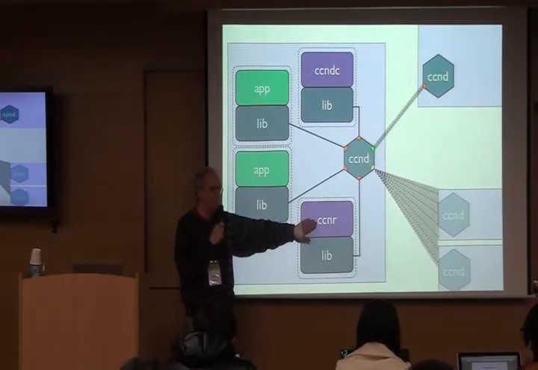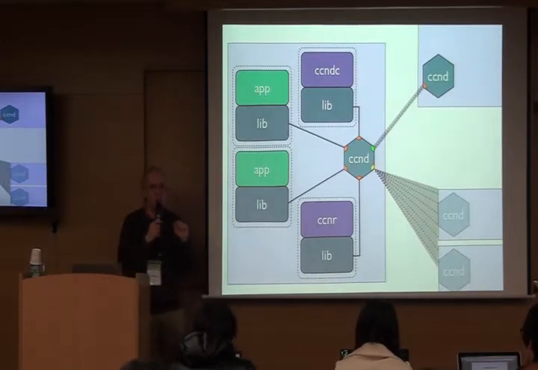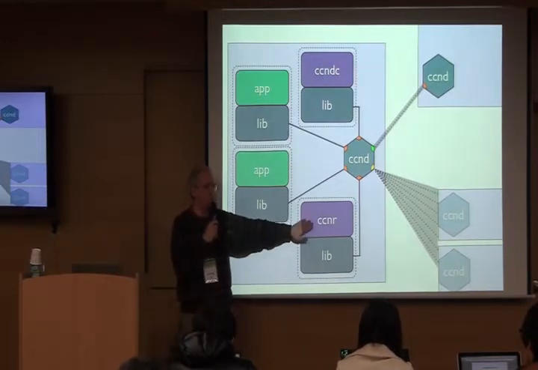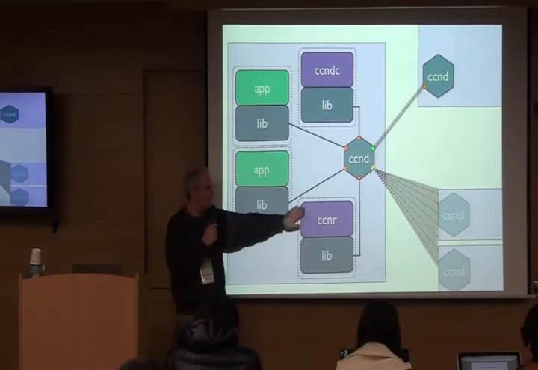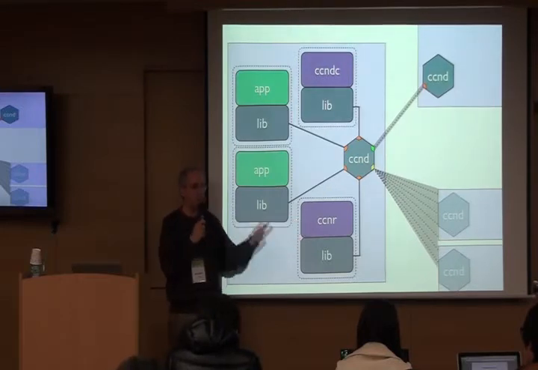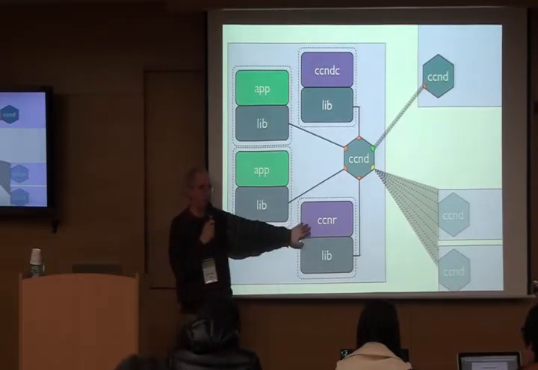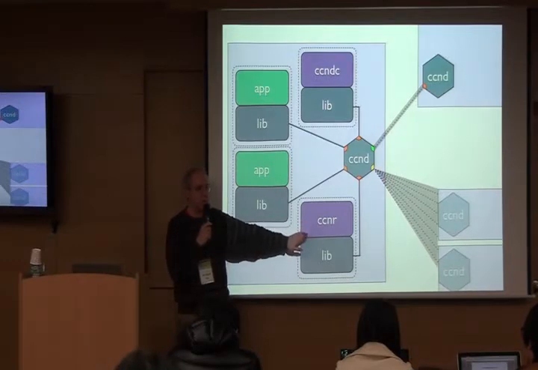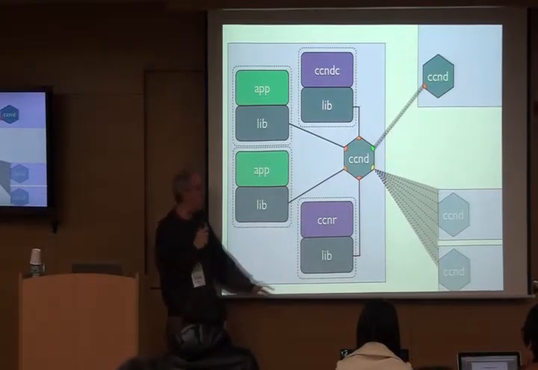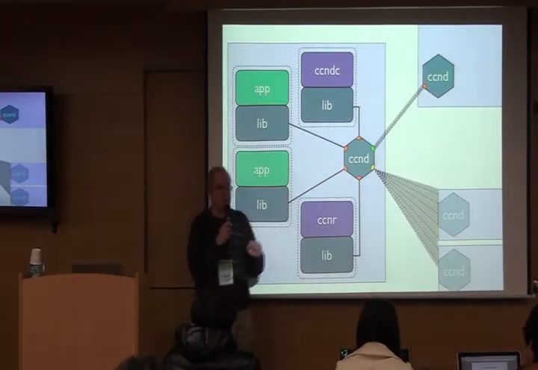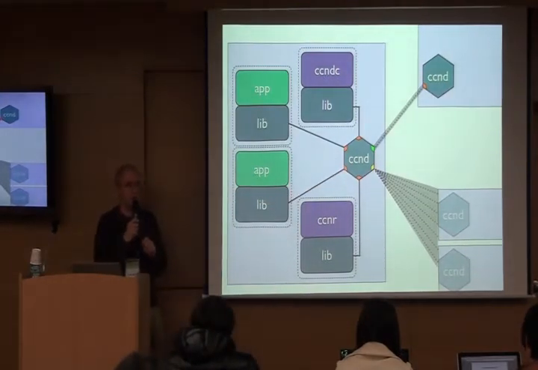So the CCNR in particular that's in the CCNx distribution, that program is disk-backed. It actually saves away the content objects that it stores onto disk. So if the CCNR process goes away, if the node restarts, all of the content is still there. So CCNR is about persistent, long-term storage on stable storage, and the CCND is about transient, cache-like memory in the process of communication.